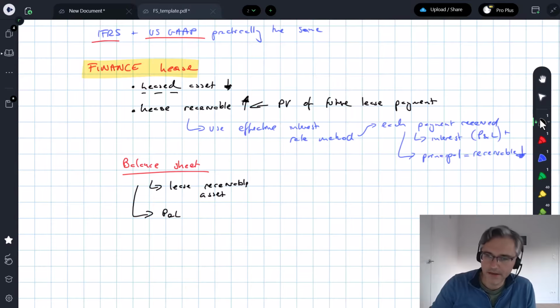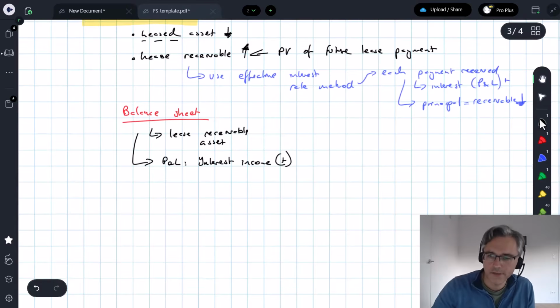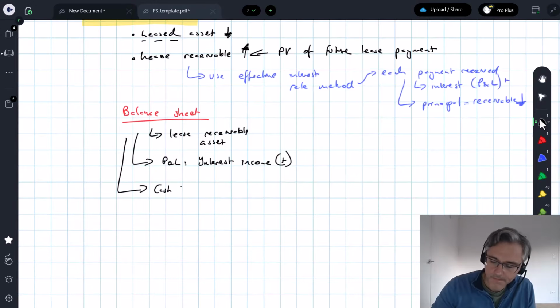In P&L, they recognize interest income, just like a bank recognizes interest income on loans made. And in the cash flow statement, you show the inflows as CFO, the entire payment.